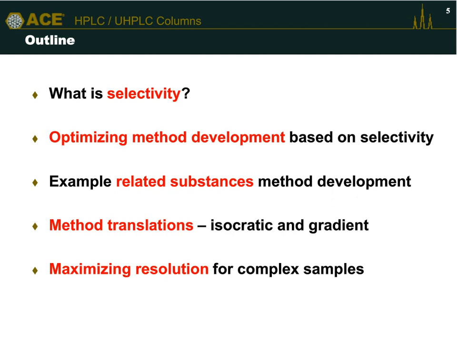I'll then move on to method translations, and I'll discuss isocratic method translations between different particle platforms, porous particles and solid core particle platforms, different particle sizes, and also different instrumentation. And that will be with regards to isocratic and gradient separations. And then finally, I'll finish the seminar by discussing how you can maximize resolution for complex samples, which is one element of method translation.